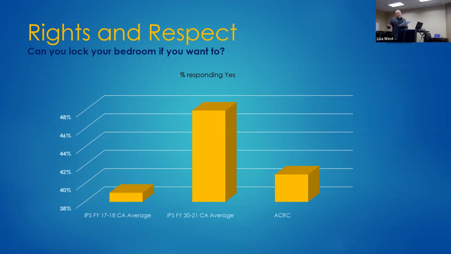And then interestingly, looking at the two larger regional centers, one was on par with us at about 41%. One was actually on par with the state average at 48%. So not a crazy deviation or variance, but interesting that there is variance across regional centers with regard to this measure.